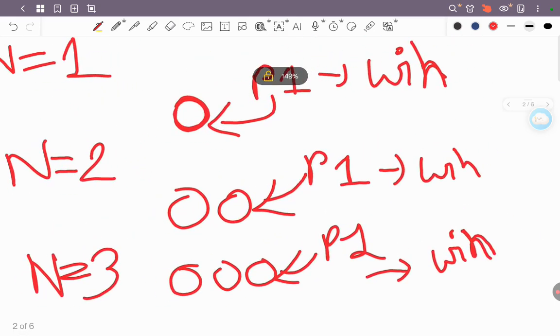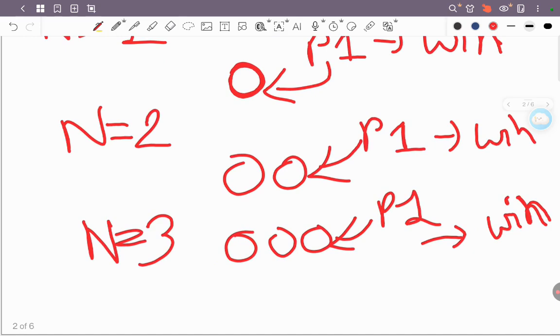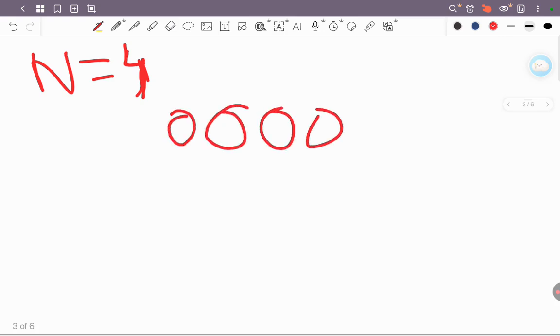But let us see what happens for n is equal to 4. So now for n is equal to 4, there are 4 pennies, right?